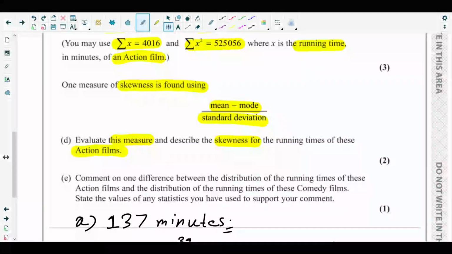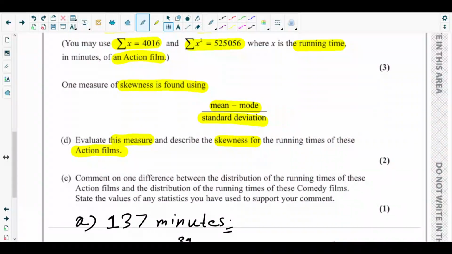Fine. Okay, next is part E. In part E, the question is asking to comment on one difference between the distribution of the running times of these action films and the distribution of the running times of these comedy films. State the values of any statistics you have used to support your comment. So we need to give a comment on the difference between the distributions of the two sets of data.